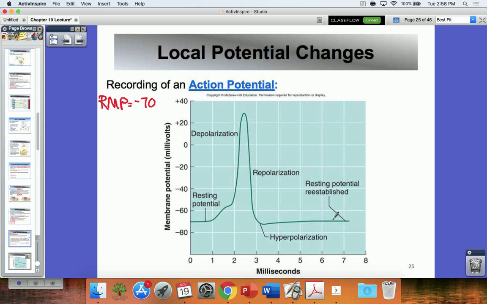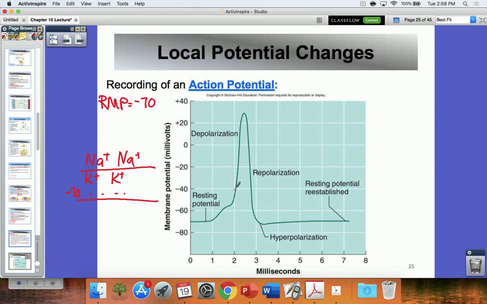Okay? So let's kind of get our brains thinking a little bit. Then we have sodium and potassium, more sodium on the outside, more potassium on the inside. Okay, but more negative here. Actually, potential difference of a negative 70 at rest. In order for this cell to become more positive, think about what has to happen.